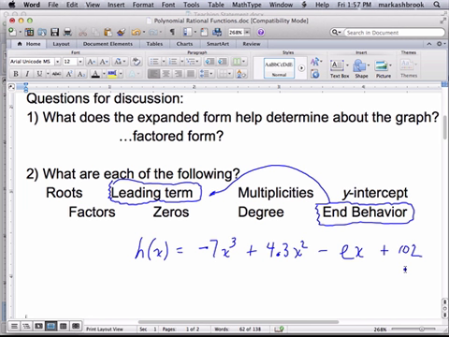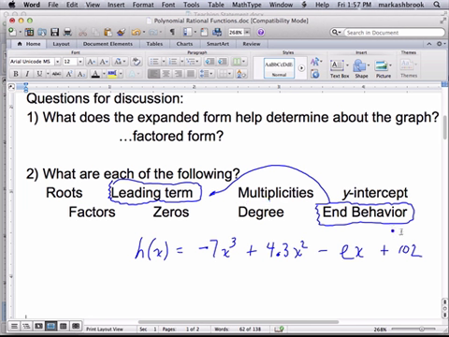What's the y-intercept of h? Where does it cross the y-axis? What's the x value there? 0. The x value is 0, and we get a y value of 102. Okay, so the leading term, let's talk about that in a second.